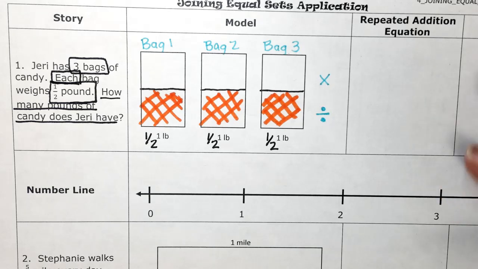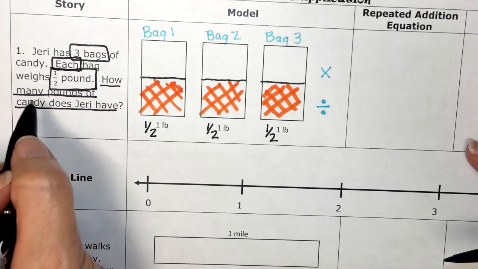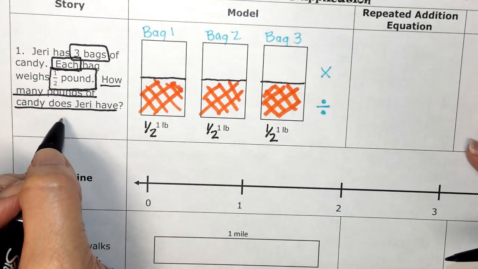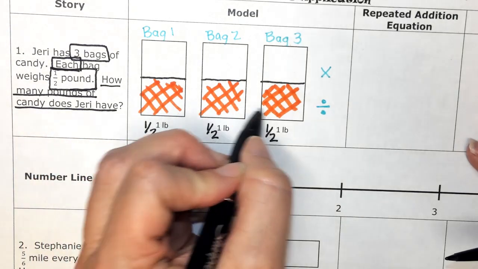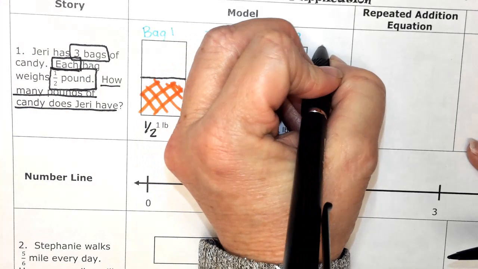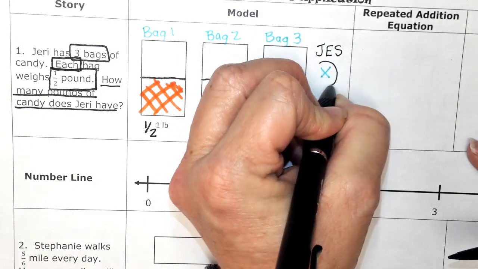The next thing I want to think about is, what's happening to these pictures? In order to figure out how many pounds of candy Jerry has, we're going to be putting these bags together. So we're going to be joining equal sets, which means we're going to be multiplying. We will not be dividing.